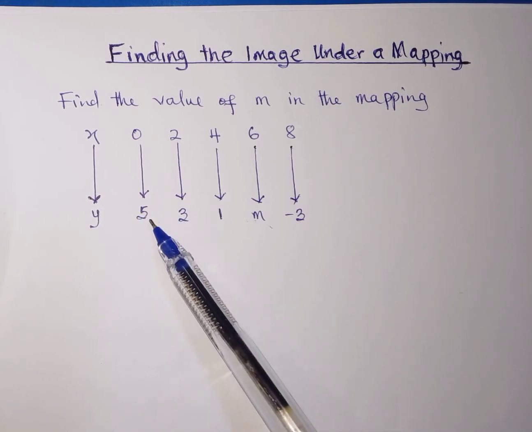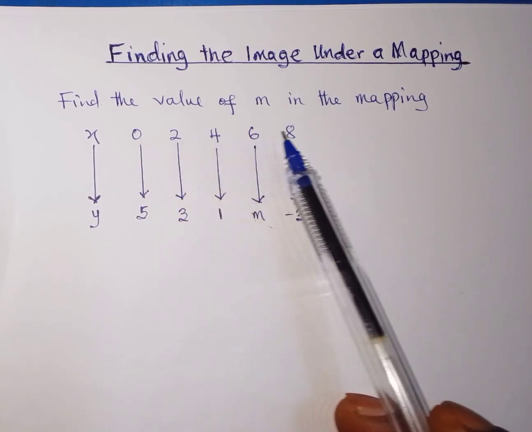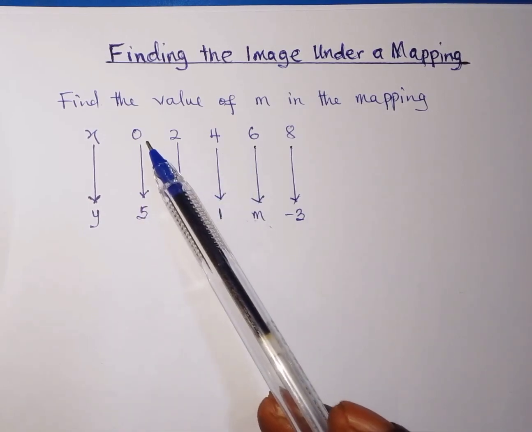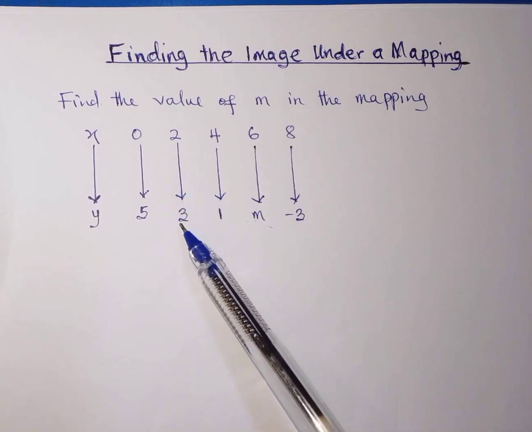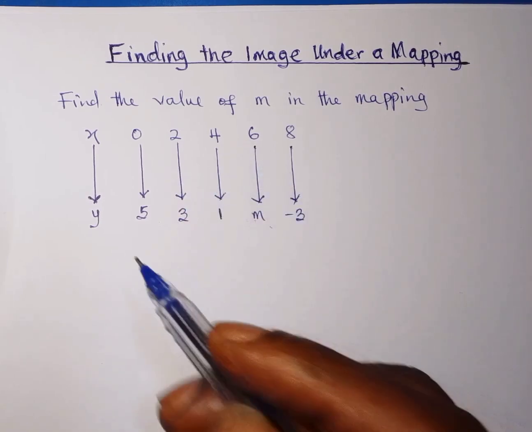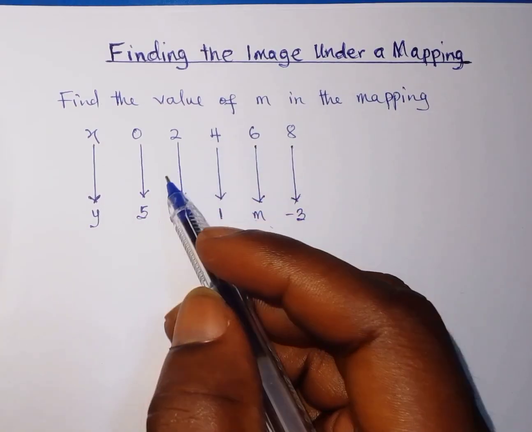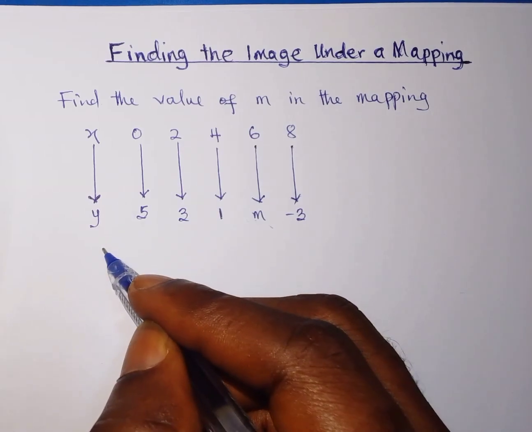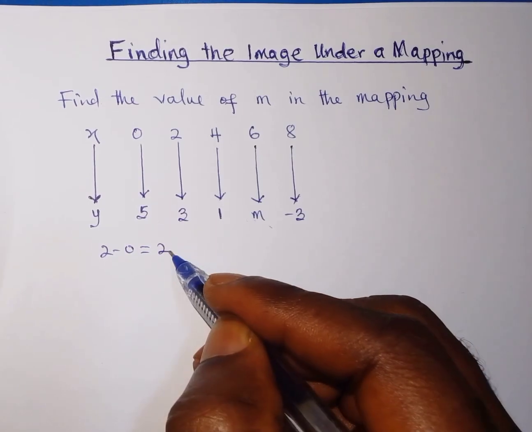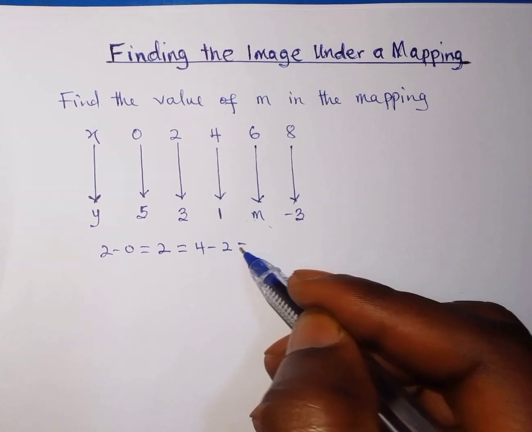Looking at this, if you want to test whether it's linear, we can find the difference of the domain and the difference of the codomain. If both of them have a common difference between consecutive elements, then we can find the rule of the mapping. So let me test if I have a linear mapping. I subtract 0 from 2, which gives me 2, the same as when I subtract 2 from 4, which gives 2.